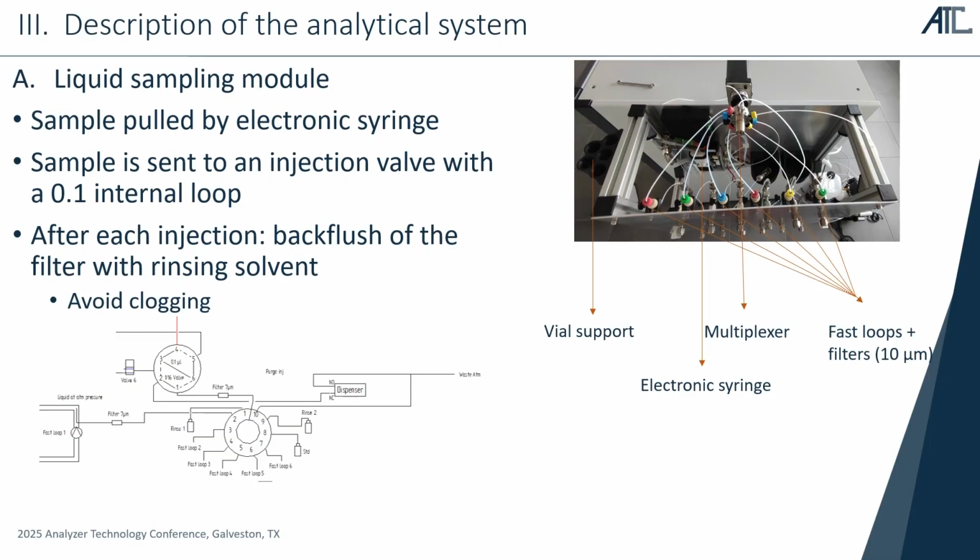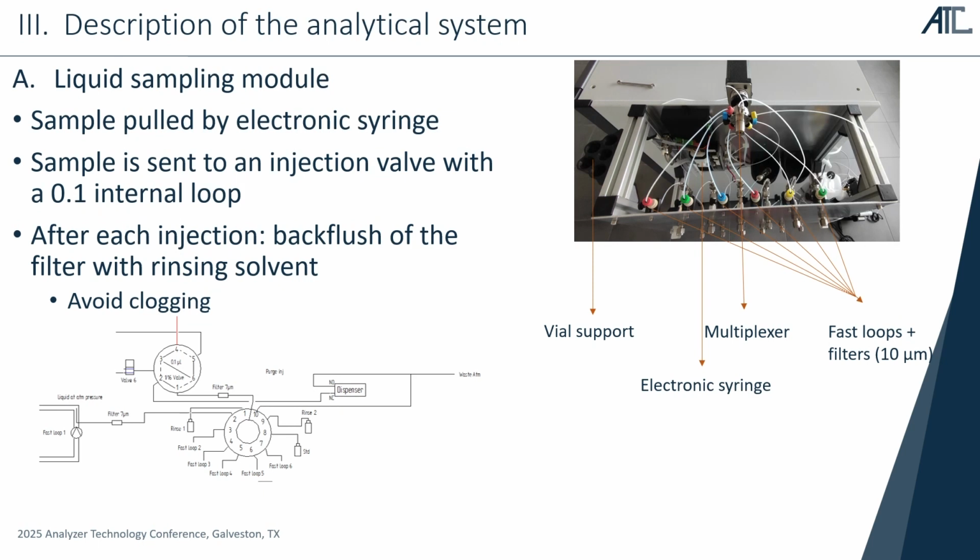As mentioned, the sample is collected electronically by an electronic syringe, which sucks the sample through the system. The system is composed of two valves, one multi-position valve, which allows us to select the different sample, fast loop, solvent, or liquid standard.